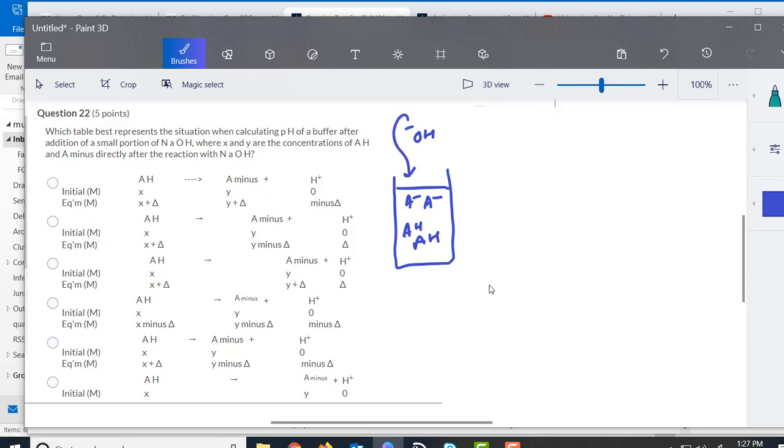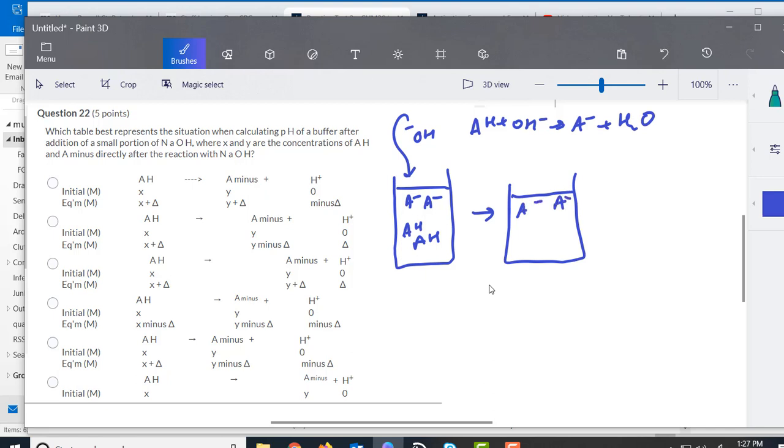Now if we add OH minus, the OH minus will react with the AH according to this reaction, and produce A minus and H2O.